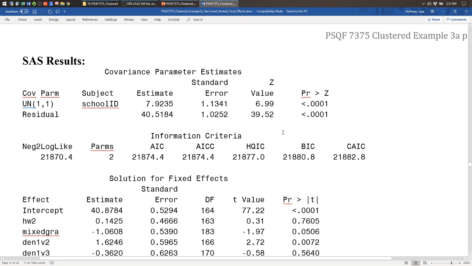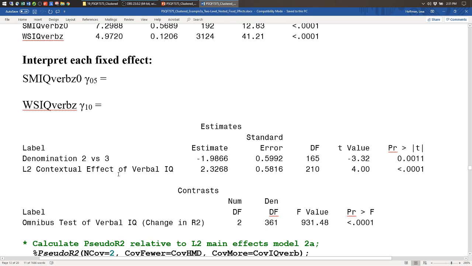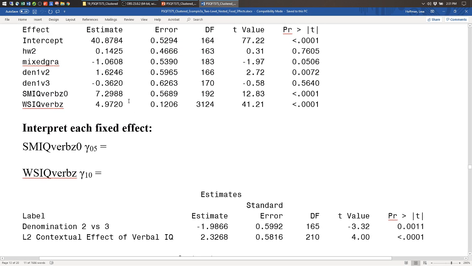I tend to put the direction in there when I talk about things, so I'd say non-significantly higher or non-significantly lower, but it would mean the same thing as any other regression slope. You just have to keep the level of inference. The school mean effects are talking about what happens to the whole school's outcome as a function of this school level predictor. The within school effects are talking about what happens to that kid's outcome as a function of that kid's predictor.